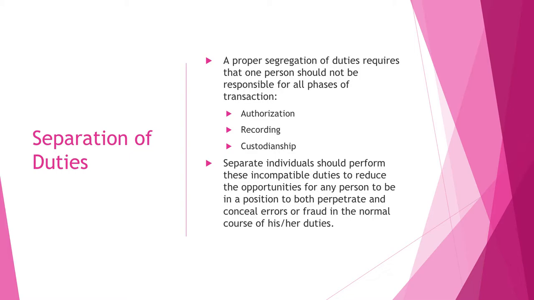So again, this is very important for you to remember: if someone is in charge of custodianship, he or she should not have the authority or even the recording themselves. Of course, if you're the custodian, you can maintain your own records, but your record is not the one that is going to be followed. It's going to be the one who is actually in charge of the recording.